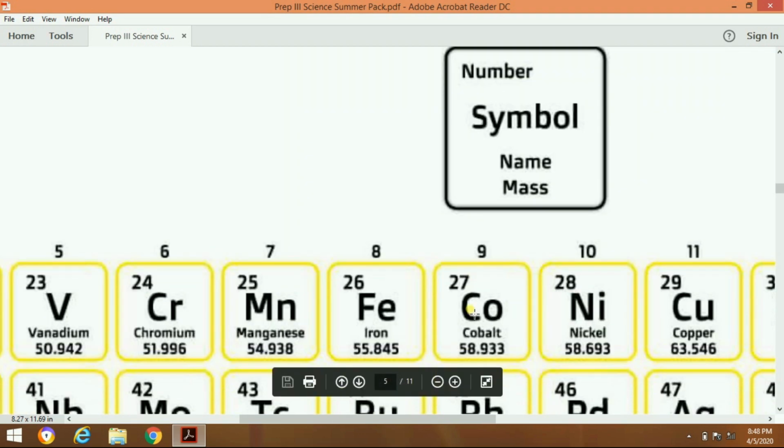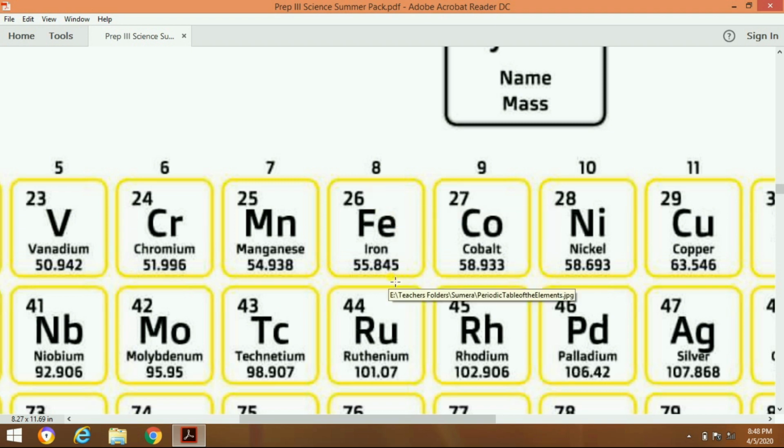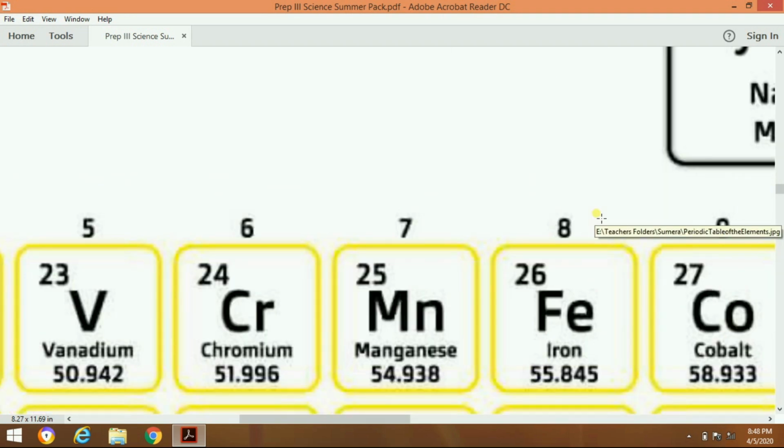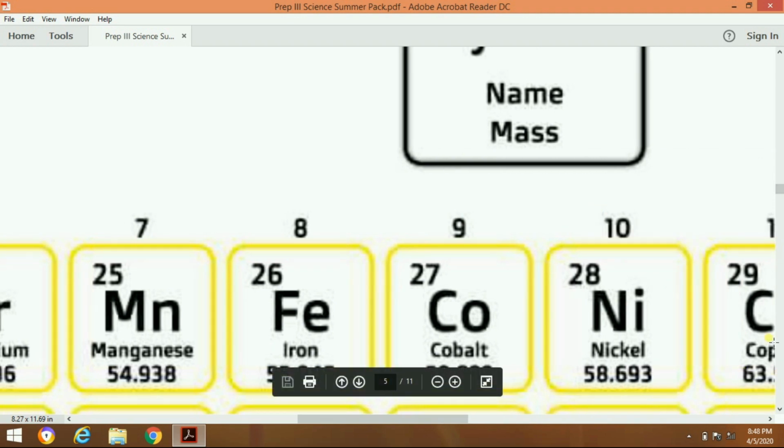You can take the example of this Fe. Its name is iron, atomic number is 26 and the atomic mass is 55.845. You can take the example of this nickel. The symbol of nickel is Ni. You can see the spelling over here.